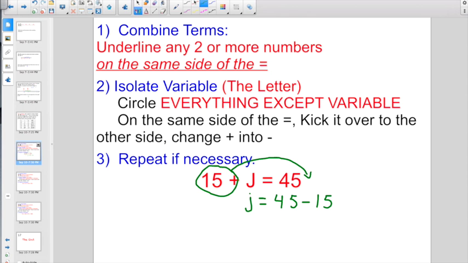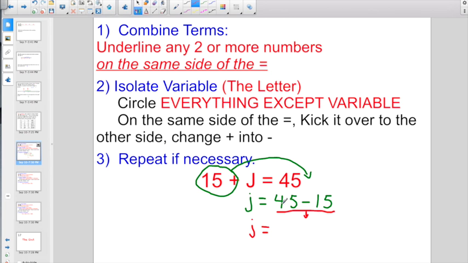I go back to step 1, combine terms, because I can combine 45 minus 15. I get ready to write down everything that's not underlined. I did not underline that J. I did not underline the equal sign, but I did underline 45 minus 15.